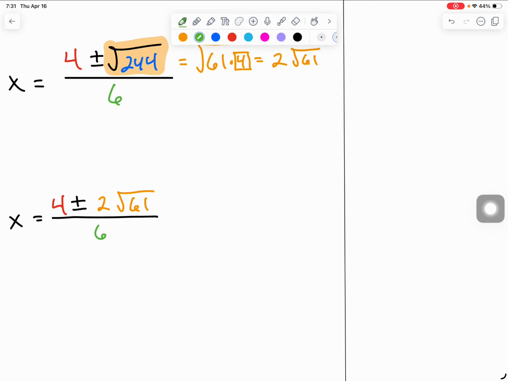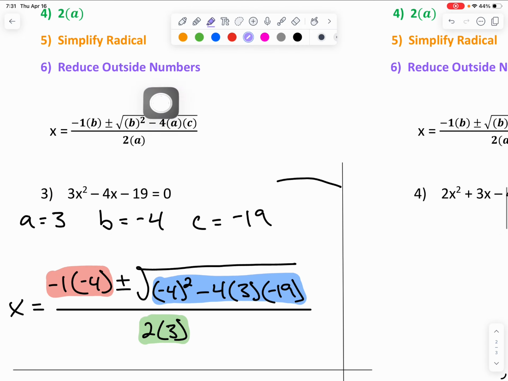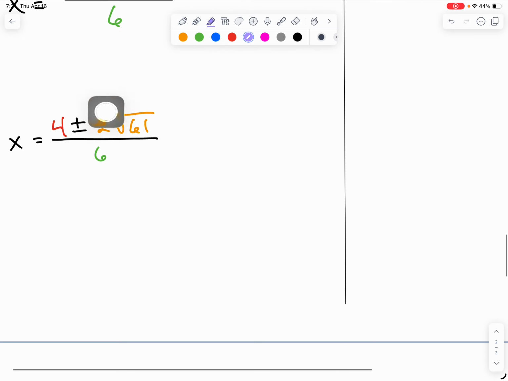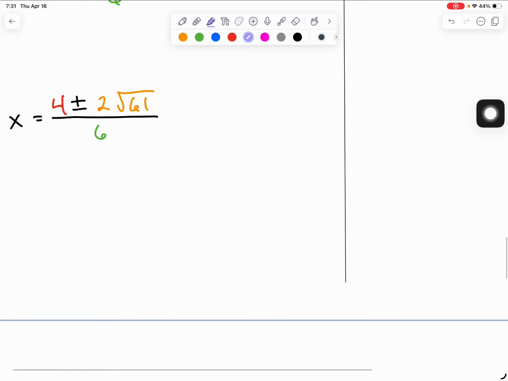And if we look at our last step here, it says to reduce the outside numbers. So we can't touch the 61. I'm covering it up right now. We're only going to look at the 4, the 2, and the 6. Everything is divisible by 2 here. So x equals, I'm going to take this 4 and divide it by 2, and I'm going to get 2.